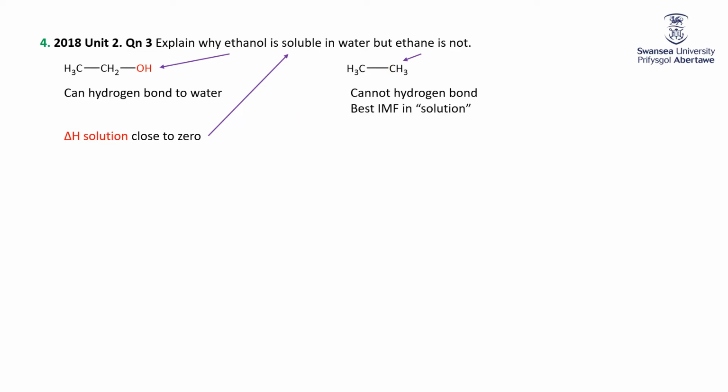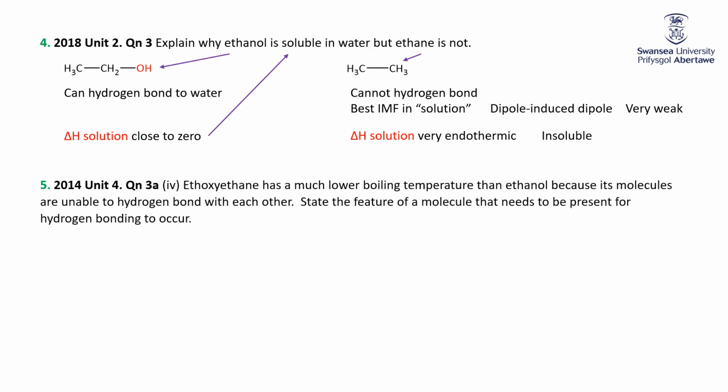When you put it in with water, the best that you can get is the dipole of water to induced dipole of the ethane, which are pretty weak forces, so therefore you're breaking nice strong hydrogen bonds, replacing with weak dipole induced dipole, and so the delta H of solution is very endothermic, so it is not going to happen.